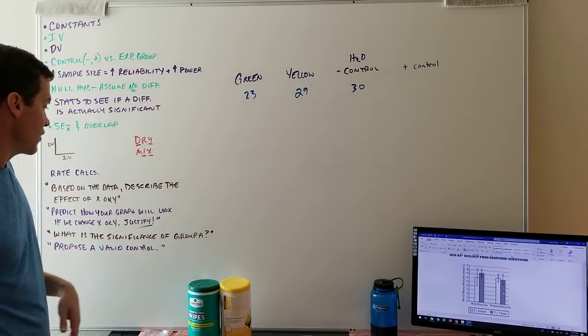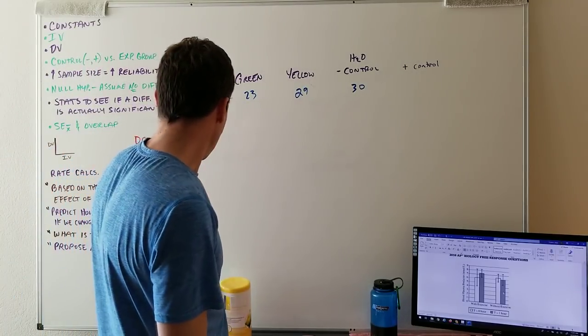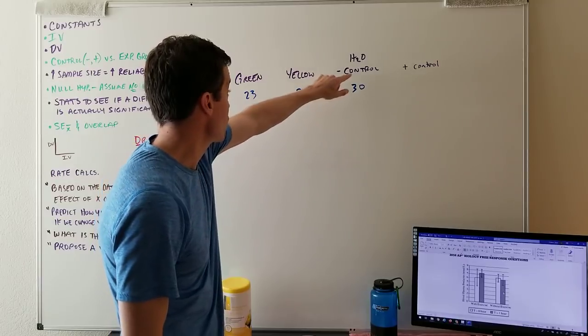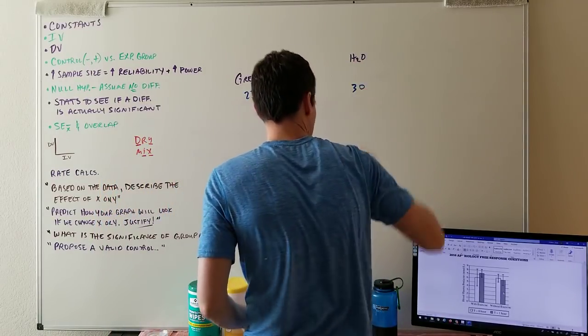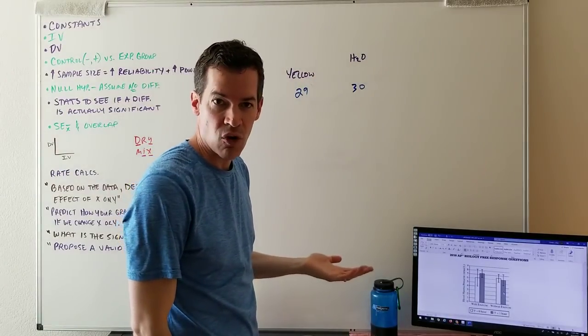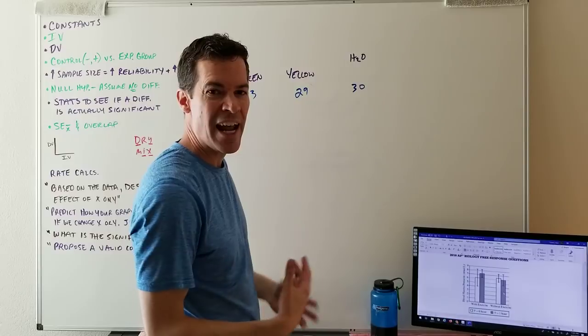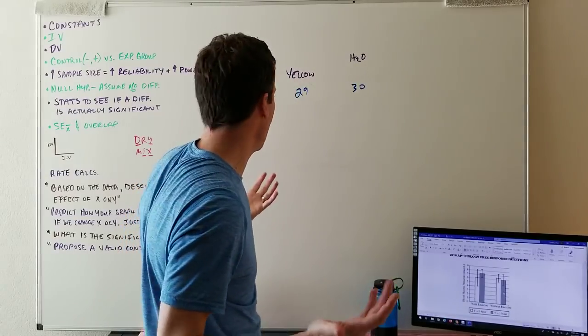What's the significance of group A? So they might come in and let's say that I test green versus yellow, and then this one has water. They might say, all right, what's the significance of this group? And you're like, oh, that's my control. It's a point of comparison. They might have you explain why that's necessary. Like, why do I need a control?